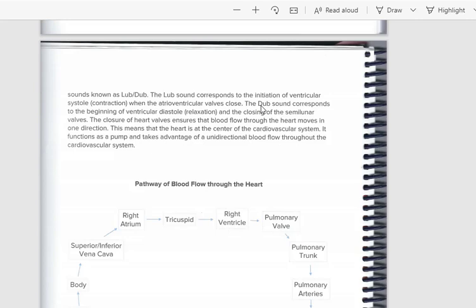And depending on what the squirting sound sounds like, you can sometimes tell which of the valves is messed up, or whether or not it's a hole in between the left and right sides of the heart, going through the septum that's in the middle. If something's wrong with the aortic valve, it squeaks as if you are rubbing a balloon. So it has a characteristic squeaking sound.